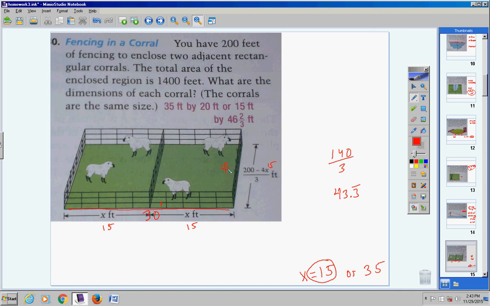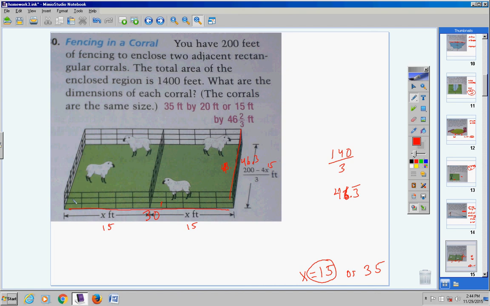Did I do that wrong? Let's see. Yeah, my bad. 3 goes into 140 as 46.6, so this length right here would be 46.6. So the question is, what are the dimensions of the corral?